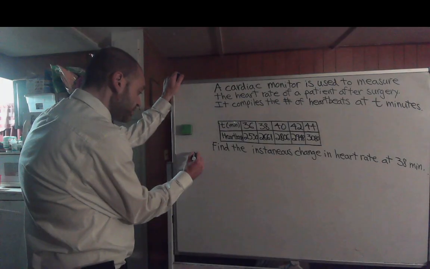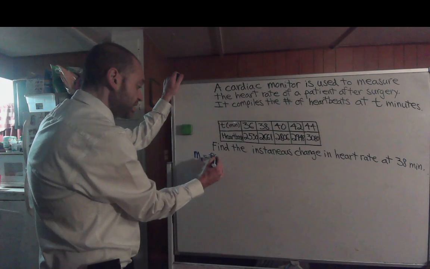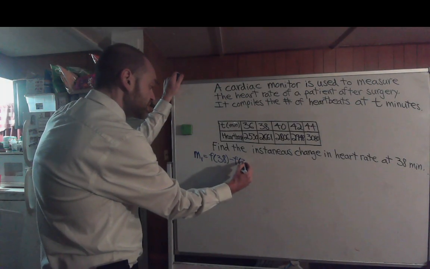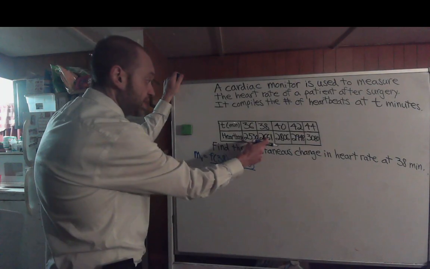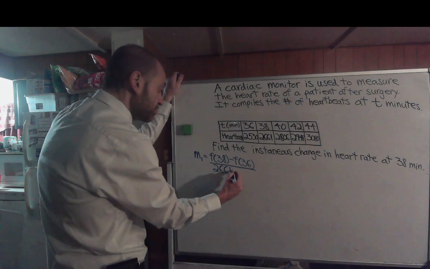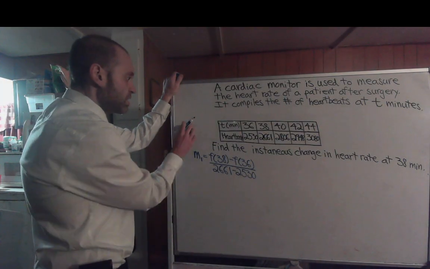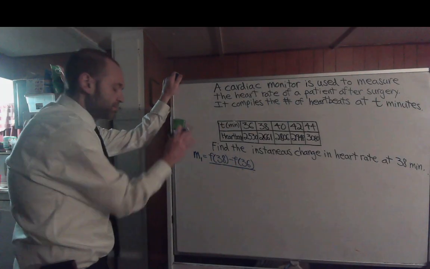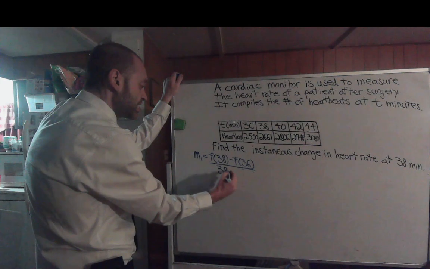So if we find the slope from 36 to 38, this is going to be f of 38 minus f of 36, divided by 38 minus 36.